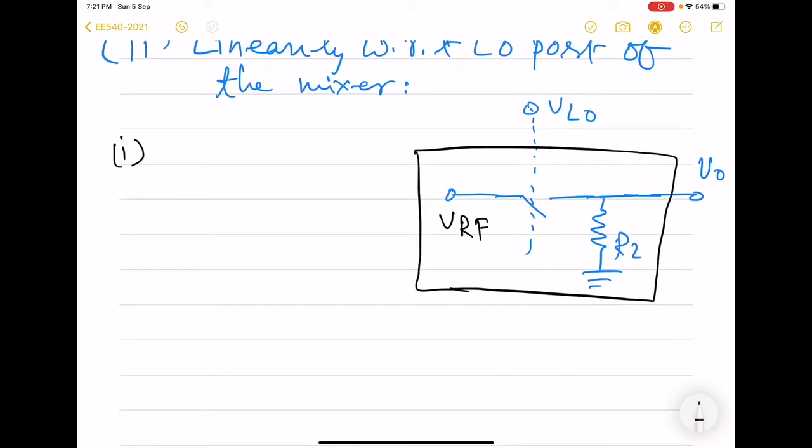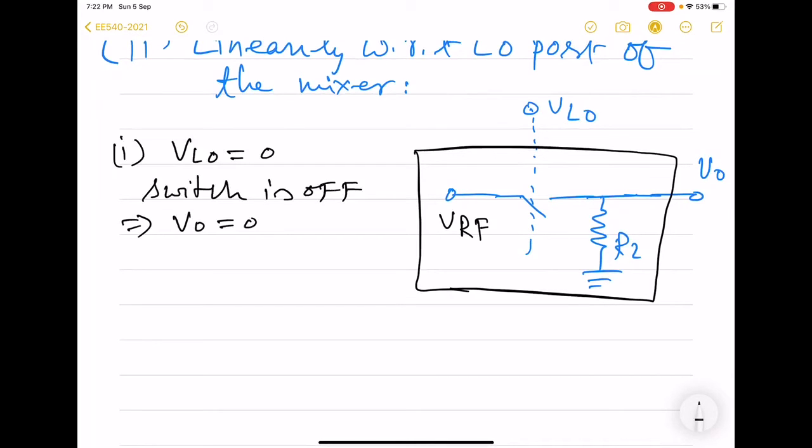So here also, if LO is equal to 0, switch is going to be off. So this implies VO is going to be 0. So in this case, the first property is valid. No input, no output. But the problem comes when we move to the second case.